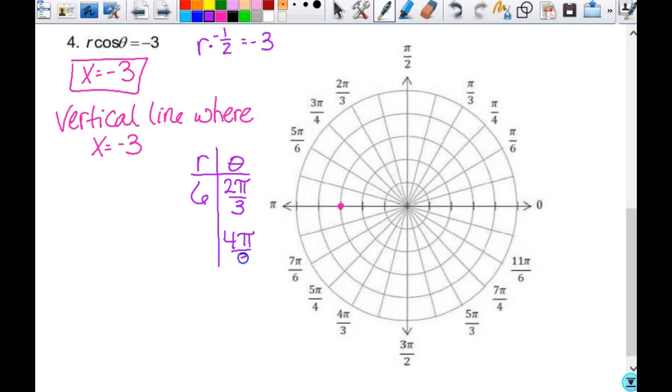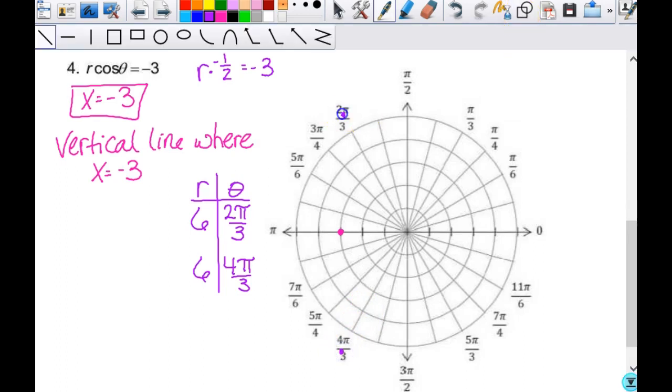And 4 pi thirds is going to have to be at 6, right? You don't have to do any work there. Now this goes off your graph a little bit, and I knew that, but it's okay. So 1, 2, 3, 4, 5, just kind of guesstimate as to where it is, even though the whole point was to be more accurate. 1, 2, 3, 4, 5, 6. And then we can draw in our line. Hopefully mine actually hits my points. There we go.